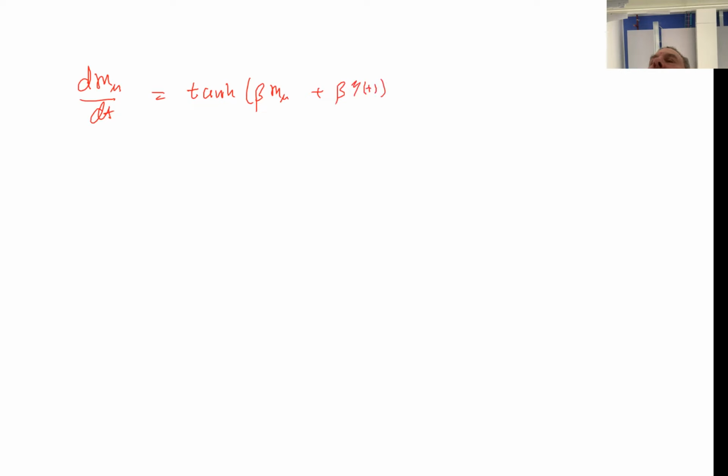These things evolve in time. Actually, let's put the scaling in: the square root of p over n, eta of t, minus mu.